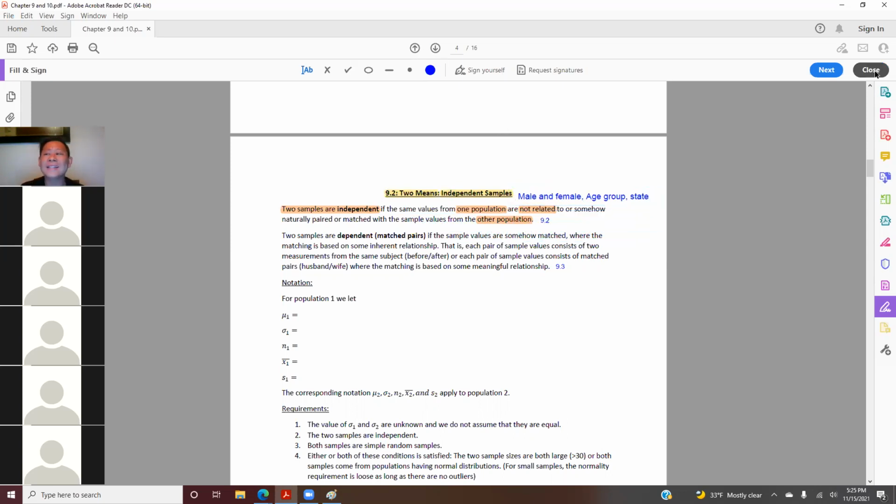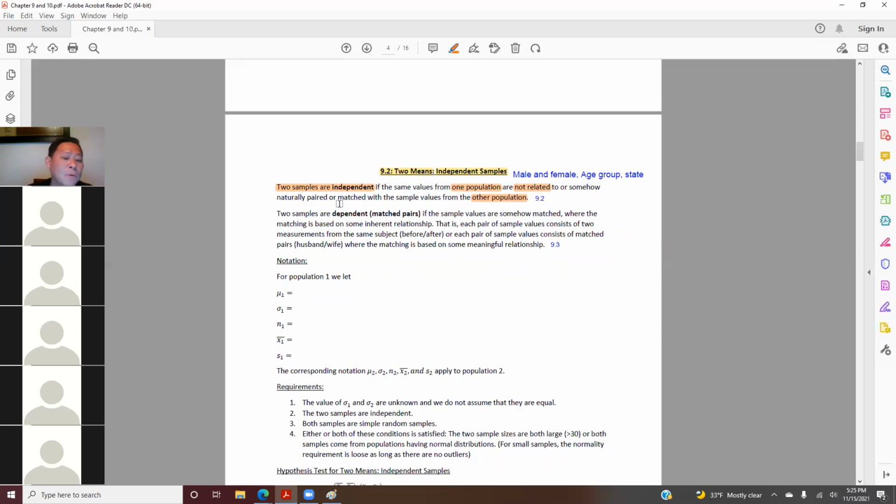What are dependent samples? Dependent samples, sometimes we call it the matched pair. The matched pair is where one sample is somewhat the same or matched based on their relationship, or sometimes a value that consists of a measurement from the same subject.